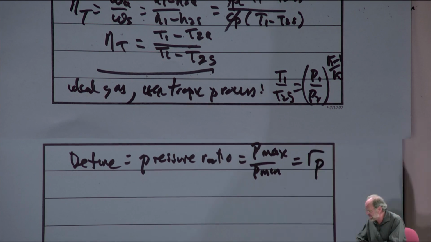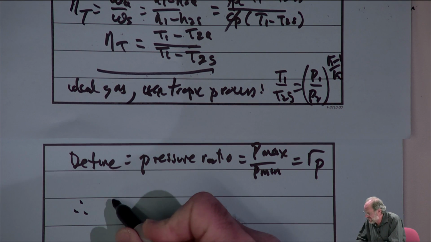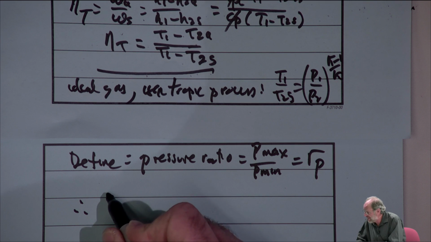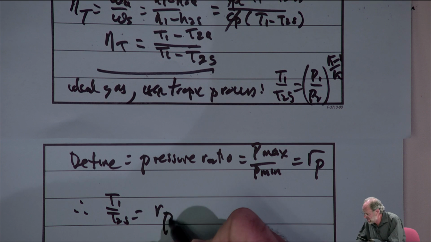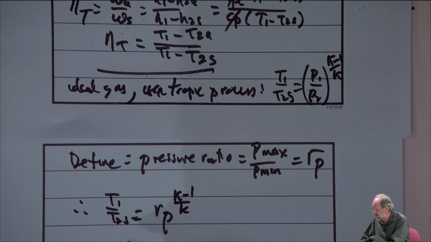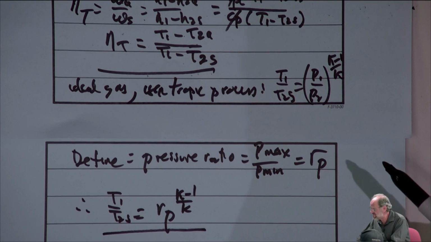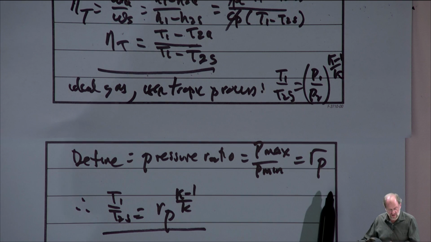And we use R sub P for pressure ratio. So as such, for the turbine, we could note that T1 over T2s is just equal to that pressure ratio raised to the K minus 1 over K power. So this is exactly the same as the equation above. It's just that we're going to now utilize this new term called pressure ratio.